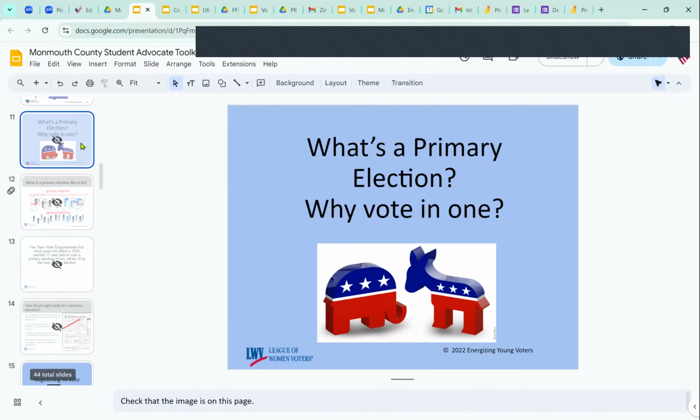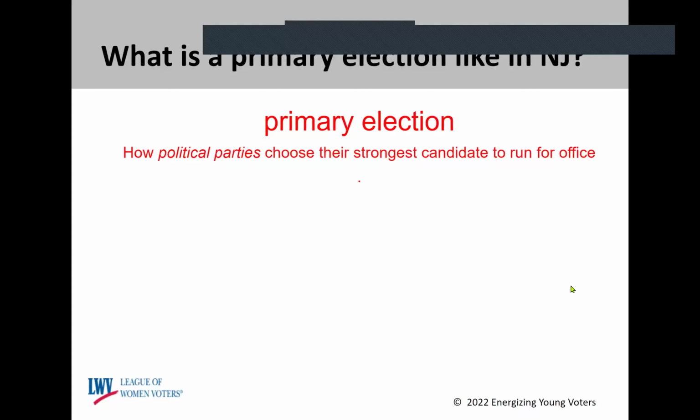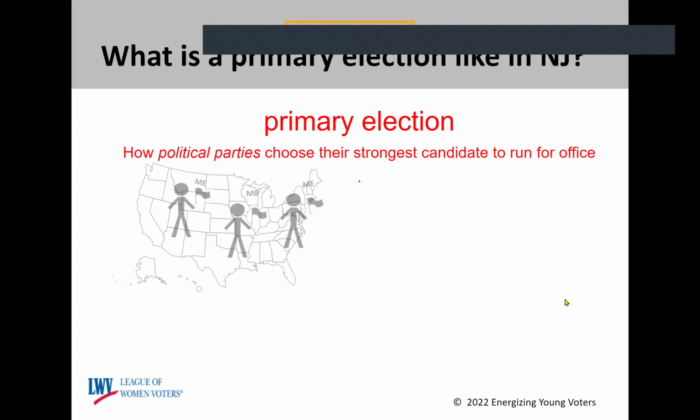When it comes to the primary election, I'm going to show you this because I think it's pretty cool. So in New Jersey, why vote in a primary election? Well, in New Jersey, that's how political parties choose their strongest candidate to run for office in November. And this is how it works, right? There are political parties.